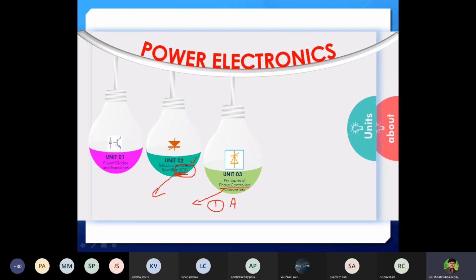Anyhow, the elaboration will come in the upcoming slides. This will give AC to DC. That means if you give fixed AC, it will give variable DC. This is the beauty of this controller. Here you can see there is a thyristor.